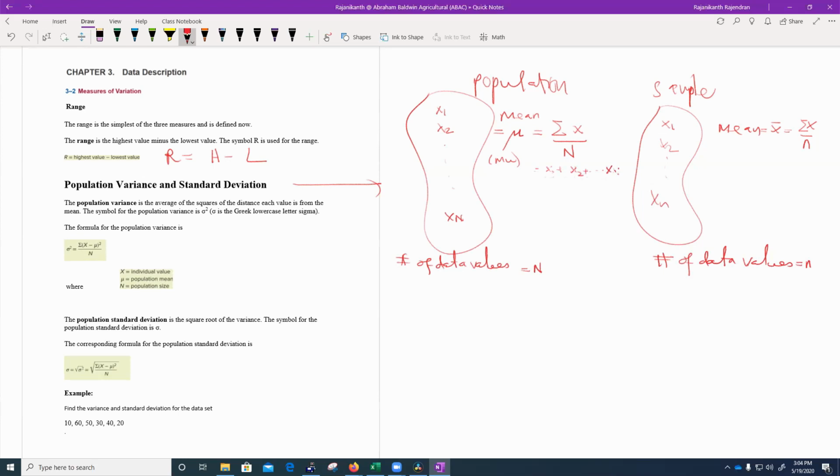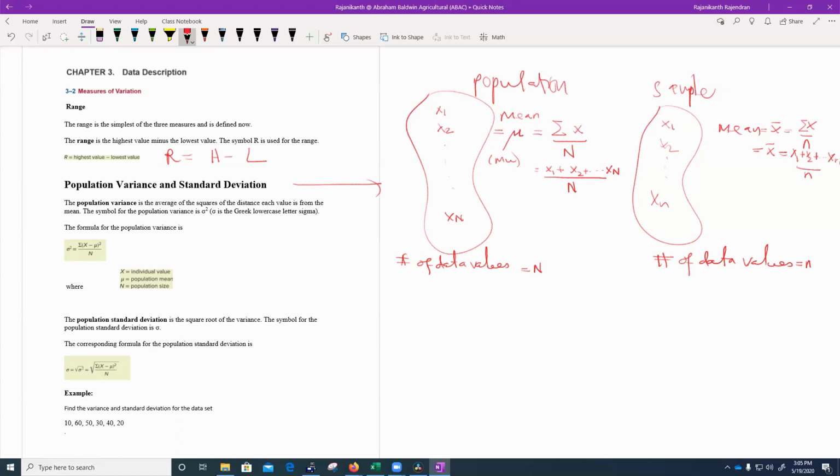So you need to divide by the number of data values under the population, which is N. Whereas we had this formula last time, the sample mean x bar, which is simply adding all the data values under the sample, where I have only up to little n, so you need to divide by little n. No confusion. So the notation is now mu and x bar.